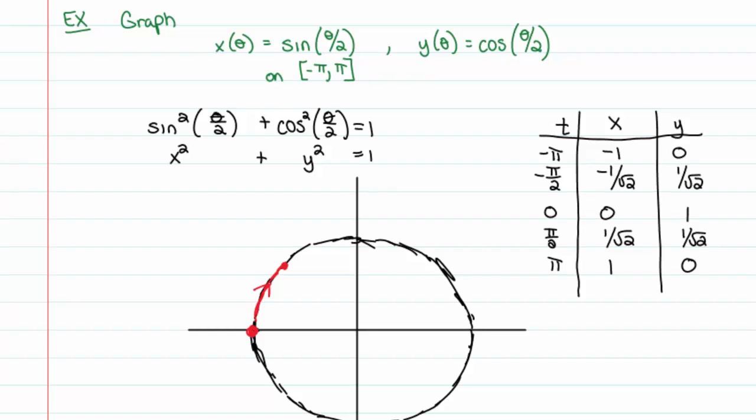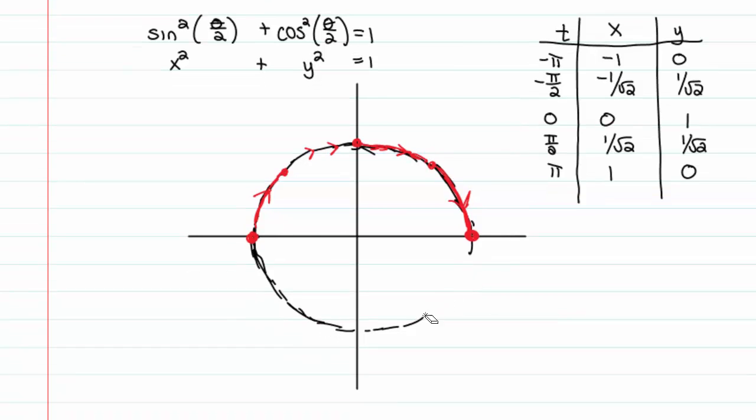So let's plot these points here. We'll be at 0, 1, so we're going all the way up to there. And then by the time we get to time pi over 2, we're at 1 over root 2, 1 over root 2, which is probably right about there. Continued along our path. And then we finally end this path at 1, 0.